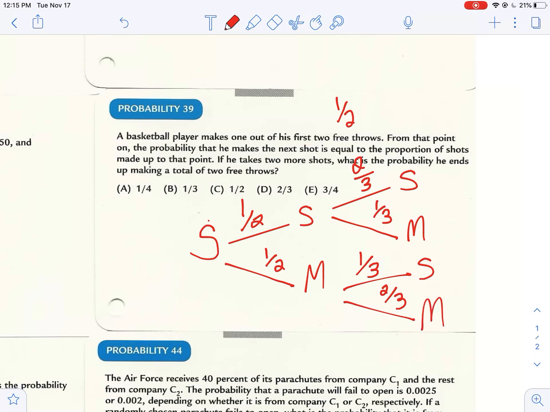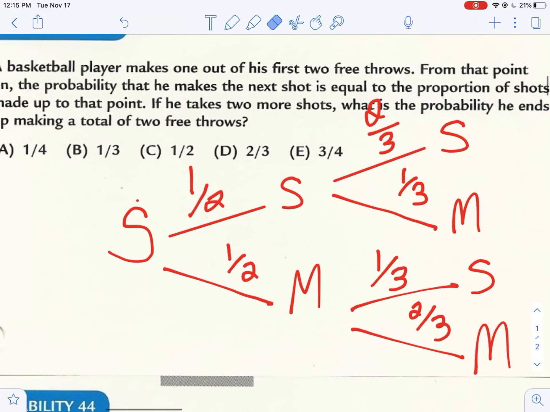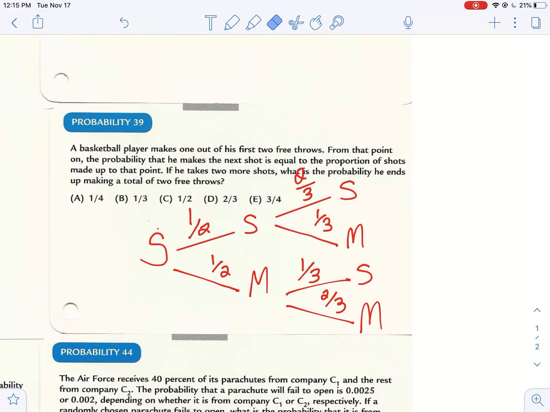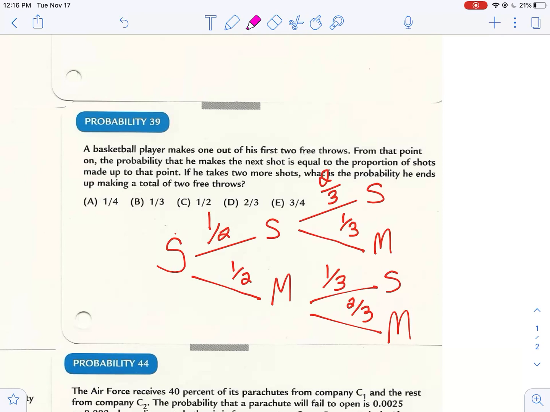So now we've represented the next 2 shots in this sequence. First 2, again, got 1 out of 2. So for the third shot, the probability of making it is based on the previous 2. You made 1 out of 2, so the probability of making it is 1 out of 2. And the complement is 1 out of 2, so you could either get it in or miss it. By the time that third shot rolls around, this assumes we got 1 out of 2, we know that.